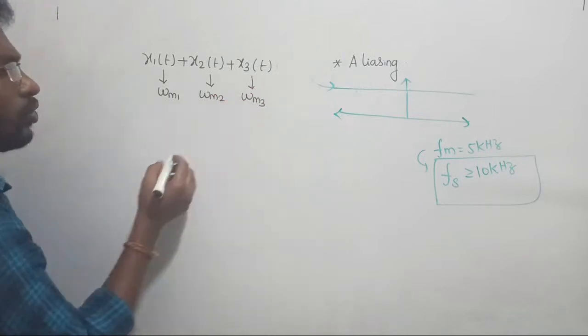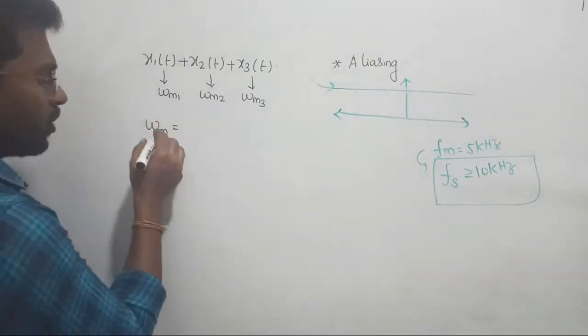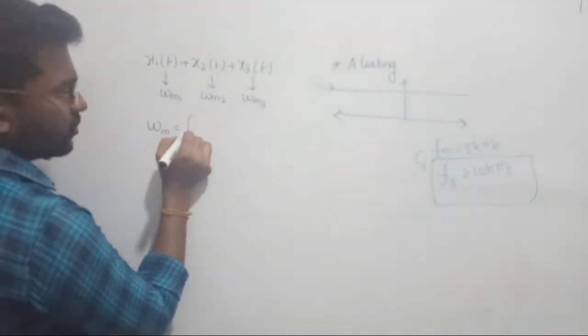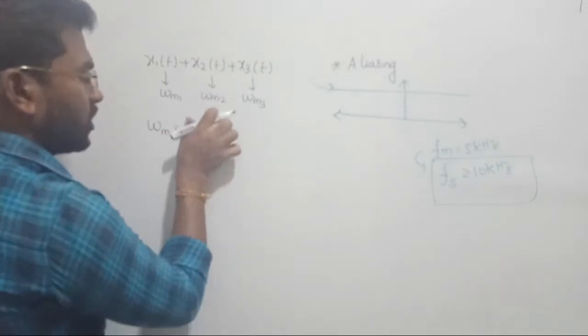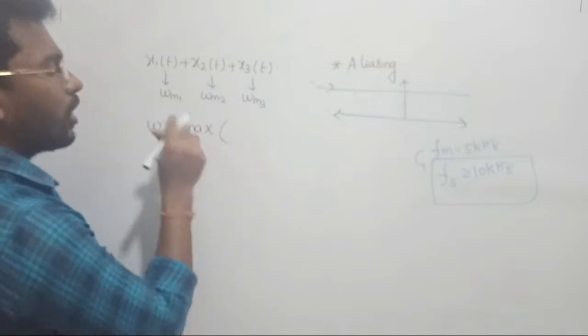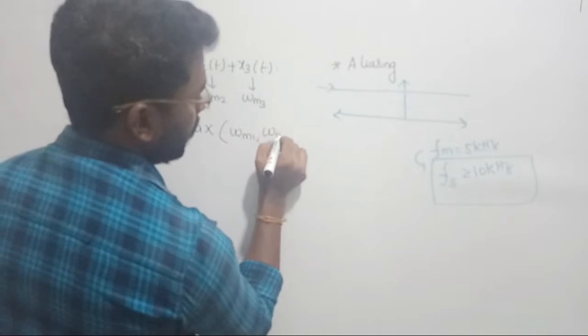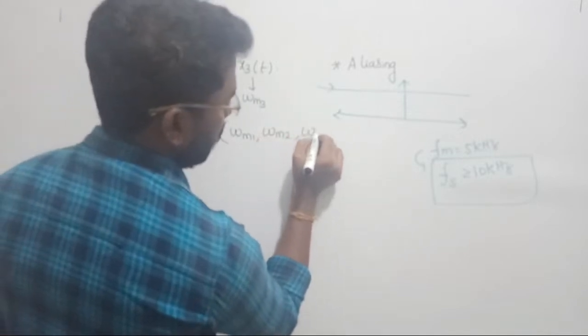Now among these three, the maximum frequency of the signal is the maximum value amongst these three. You can write omega m1, omega m2, omega m3.